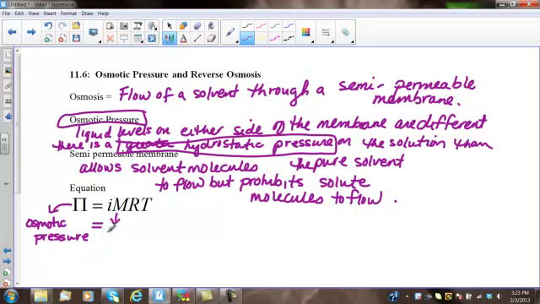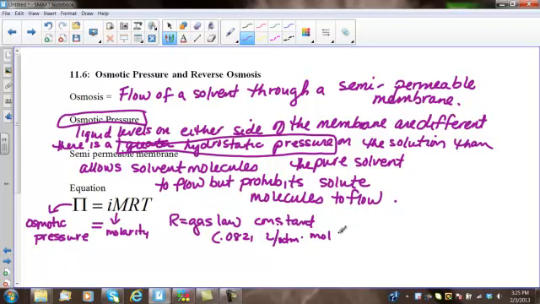So this M is molarity, not molar mass, times R, which is our gas law constant, 0.0821 liter atmosphere per mole Kelvin, times T, which is temp in Kelvin.